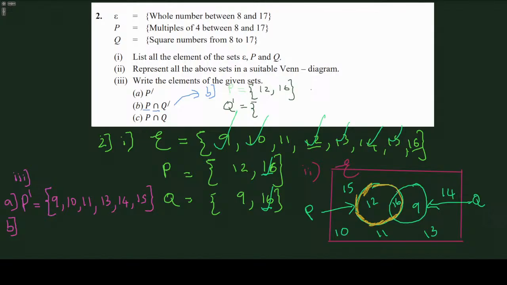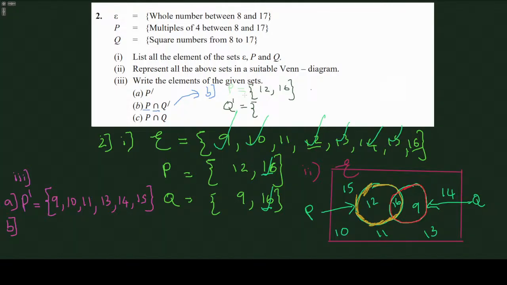So set Q, let me highlight in red. What are the items or the elements that are outside this red circle? Those are the ones which should come to the set of Q complement, the elements which are outside the circle of Q. So what are those?